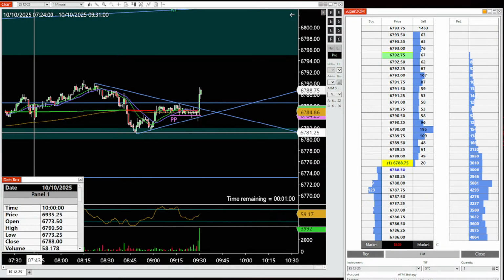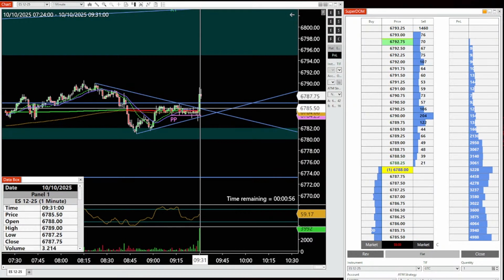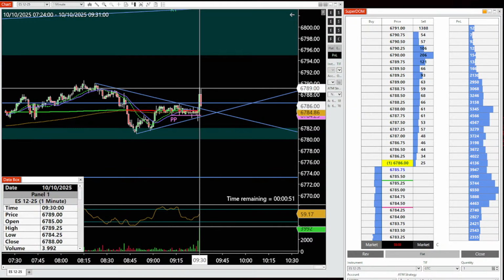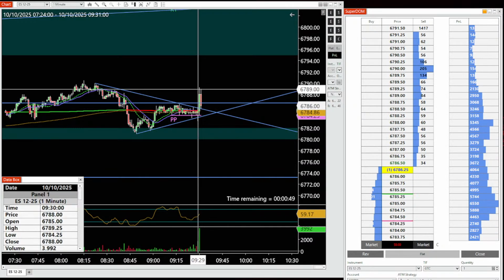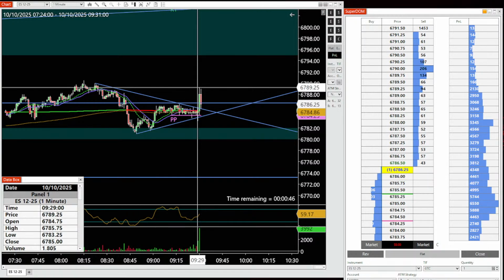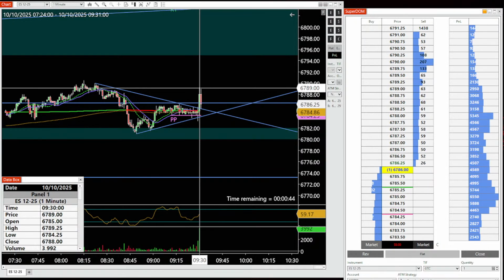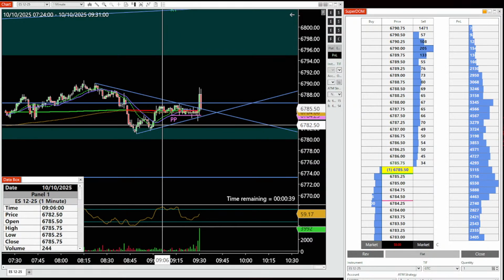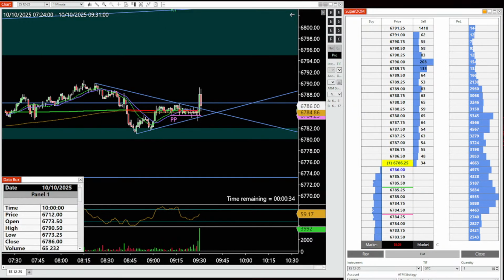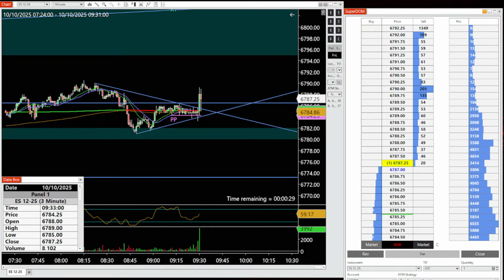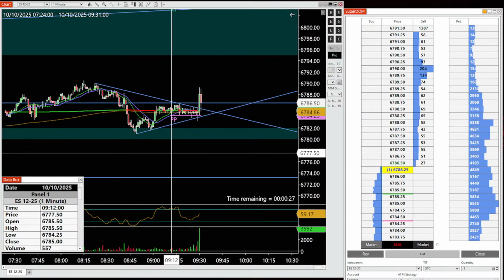Market's open. Got the squeeze out at 95. 85 to 90. 89. Just be careful because we have 10 o'clock sentiment.